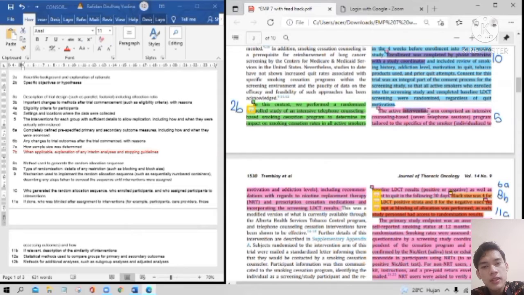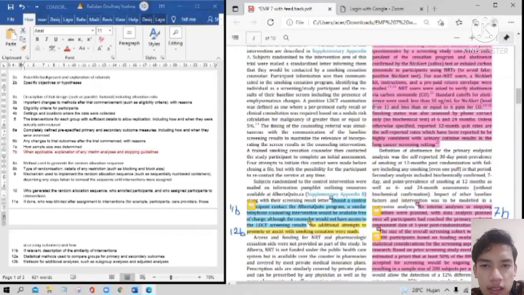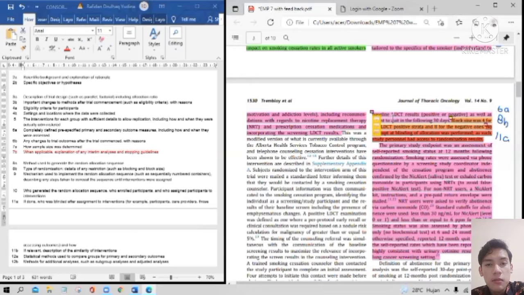Next, for number 6A, completely defined pre-specified primary and secondary outcome measures, including how and when they were assessed. You can read LDCT result positive or negative, as well as intent to quit in the following 30 days. I think it's obvious.